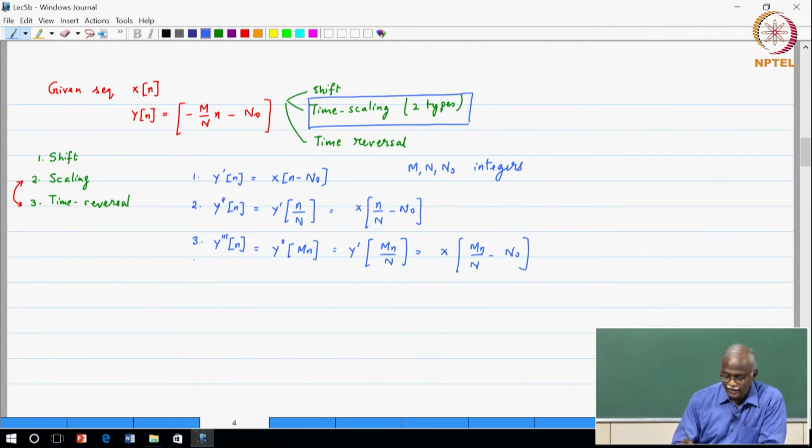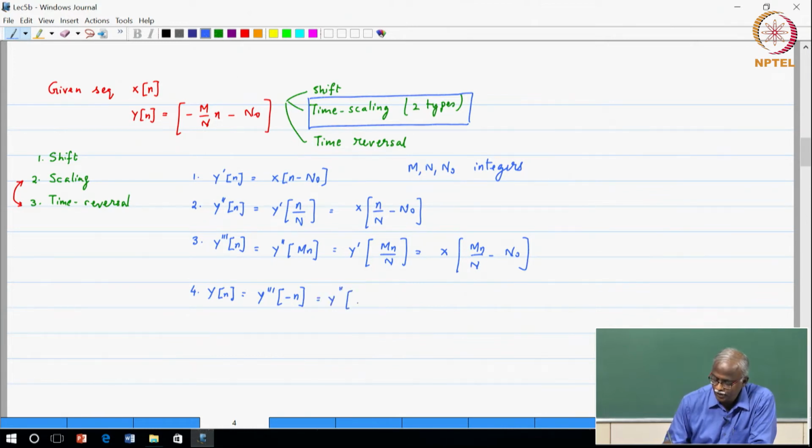And the last step is the time reversal: y of n is y triple prime of minus n. I have done the scaling. So, the last step will give me y double prime of minus mn, that will give me y prime of minus mn by n, and that will give me x of minus mn by n minus n naught.